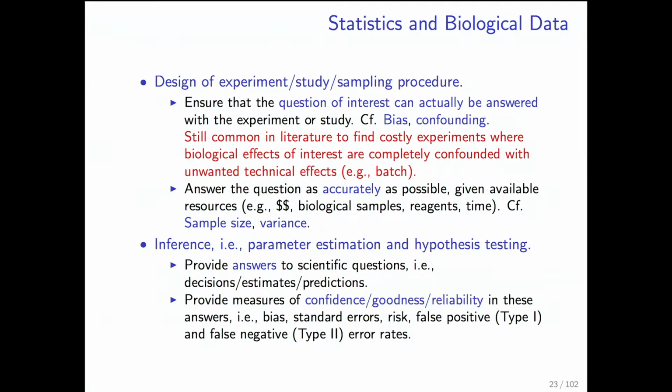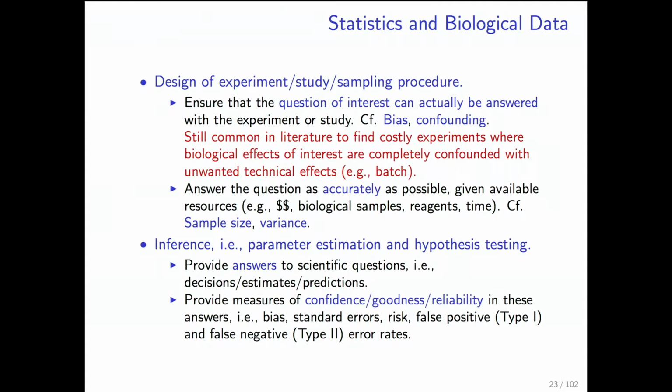So where does statistics come into play in all of this? Well, hopefully early enough so that statisticians are involved in the design stages of the project. Experimental design is essential to make sure that we can actually answer the question that motivated the study.